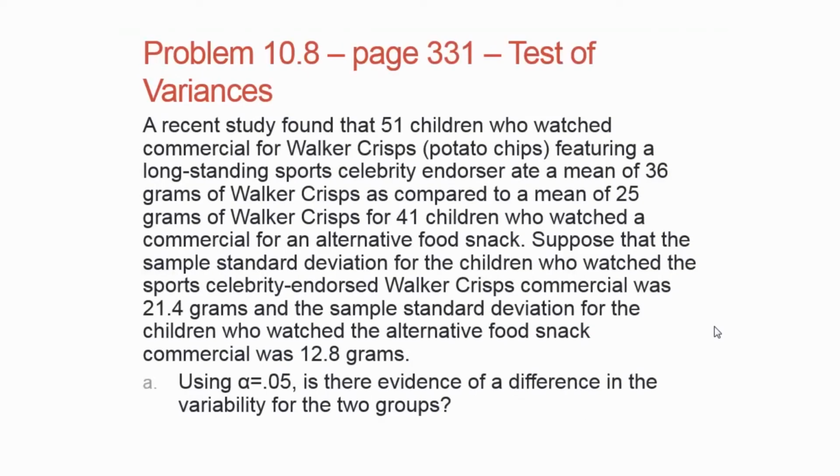Okay, so again, how will this take-home part be worded? You'll have a question similar to this: is there a difference in the variances, for which you use the F-test? And then we want to know, is there a difference in the means? In which case we would use a t-test, either the pooled variance t-test if we found the variances were equal, or the separate variance t-test if we found they were not equal.